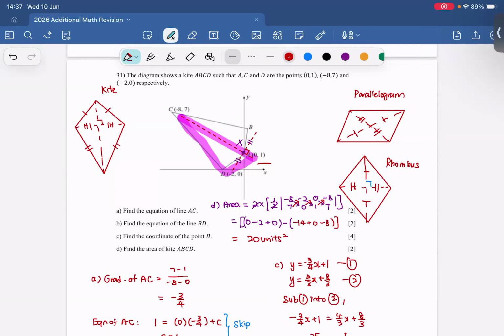Okay, you can see that if I don't use B, then actually I got no fraction involved. Then everything will be nice, easier to calculate also. So do think before you give up on the question, okay?